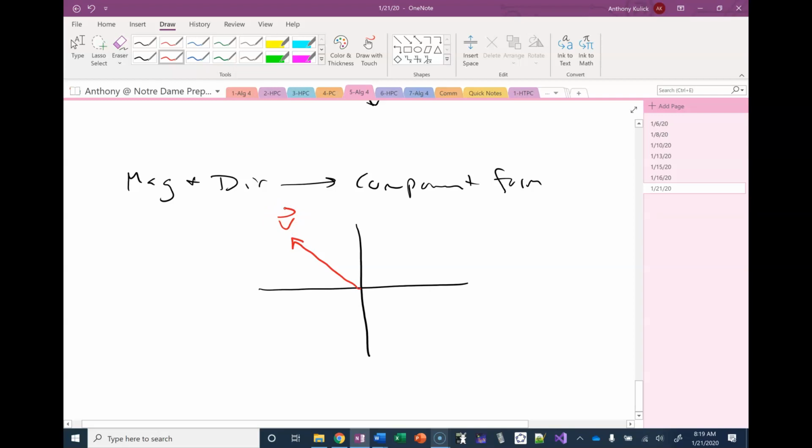Everybody's okay there? Actually, let's start this way. My vector v. I can draw in an imaginary xy axis here, whose origin is at the initial point for my vector.